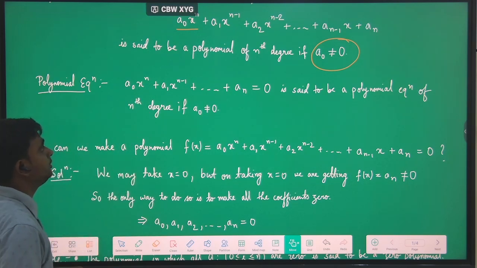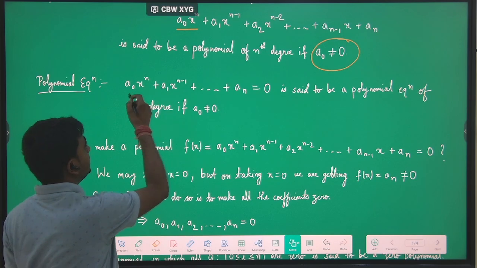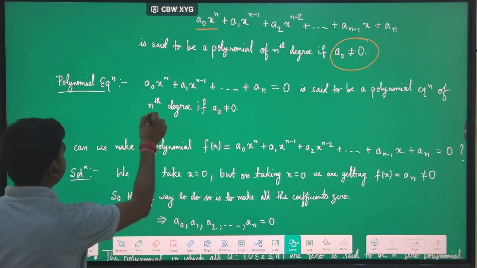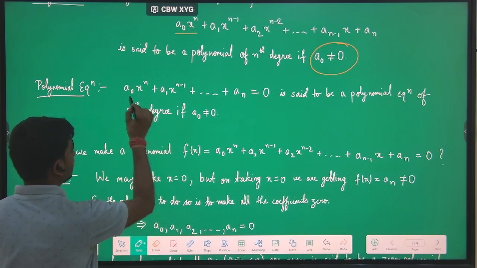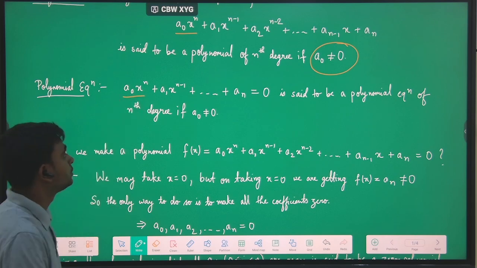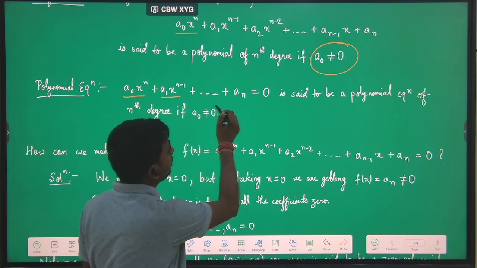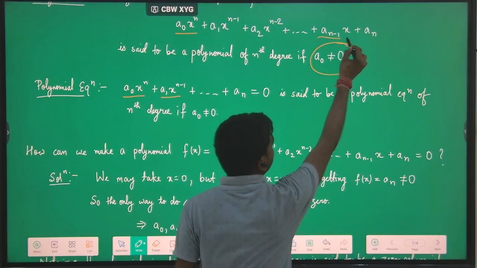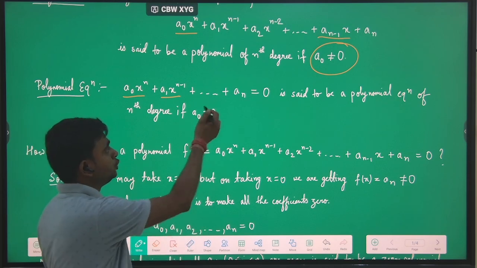So what happens when we take x equal to 0? When we take x equal to 0, the term a naught x to the power n becomes 0, and continuously all the terms up to a(n minus 1) x, in which the x term is given, become 0.